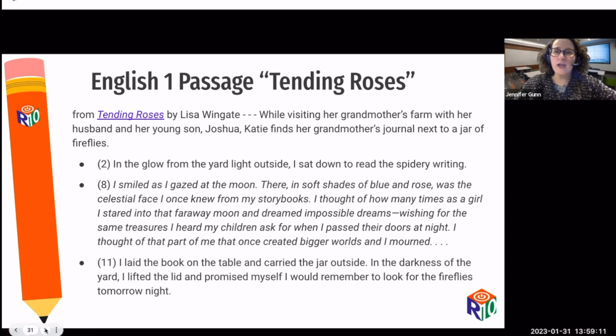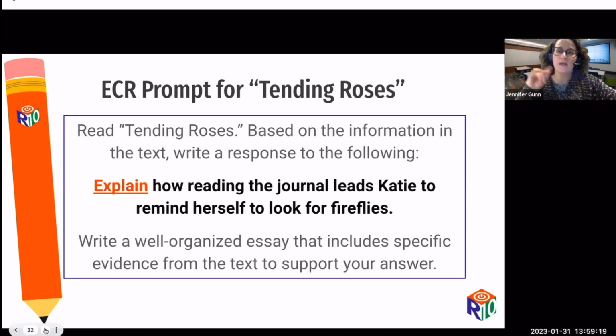Now, that final closing idea of Katie promising herself to look for fireflies is the basis of this extended constructed response prompt, where students are asked to explain how reading the journal leads Katie to remind herself to look for fireflies.